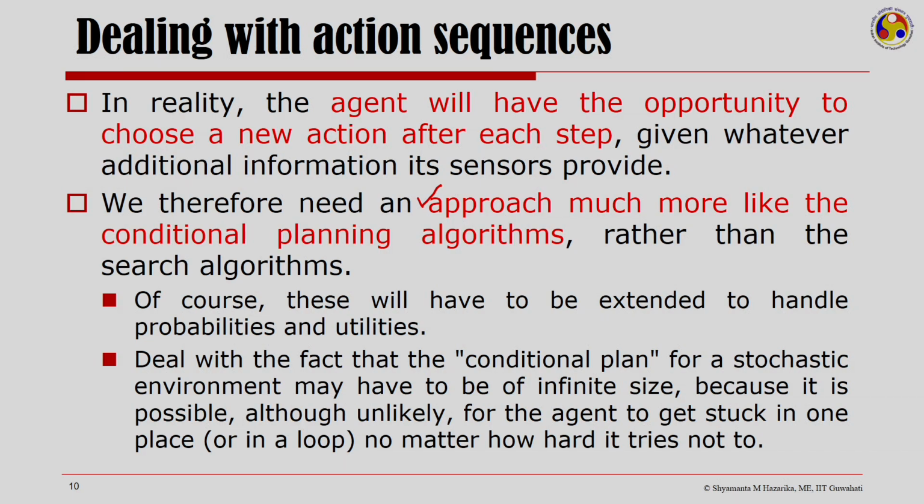We can deal with the fact that the conditional plan for a stochastic environment may have to be infinite in size, because one needs to understand that though very unlikely, there is a possibility that an agent may get stuck in one place or in a loop, no matter how hard it tries not to, when dealing with a stochastic environment.